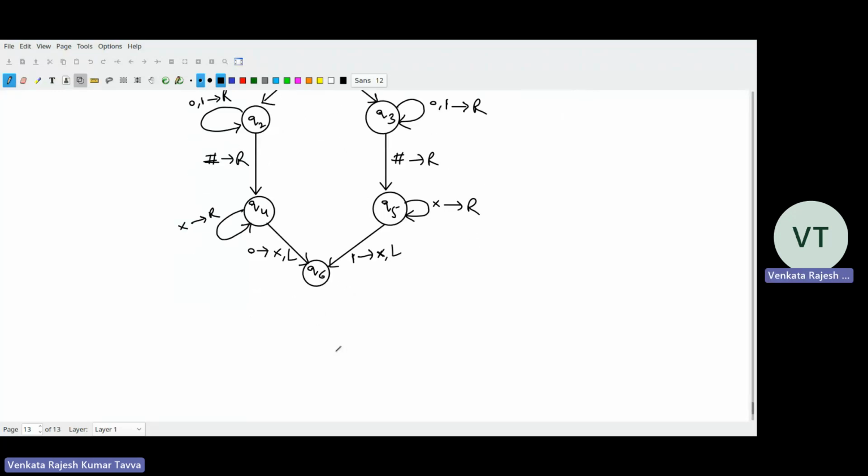So first, I will keep going left. Whether I see 0, 1, cross, whatever it is, I will keep going left until I see a hash.